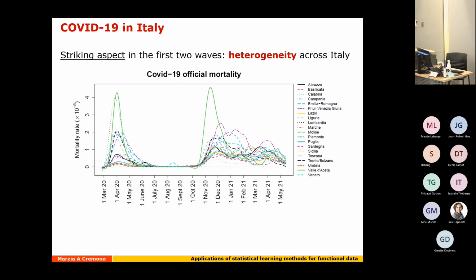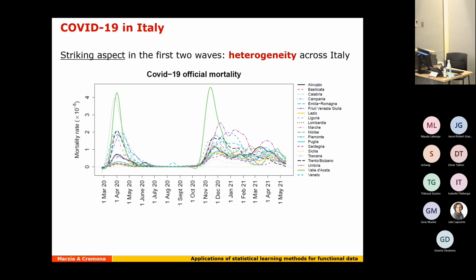So the result of the epidemic was very different in different regions of Italy. In this figure, you see the official mortality curves. It's basically mortality per 100,000 people. And the different colors are the curves for the 20 different regions in Italy.